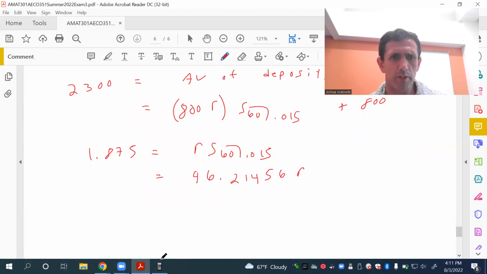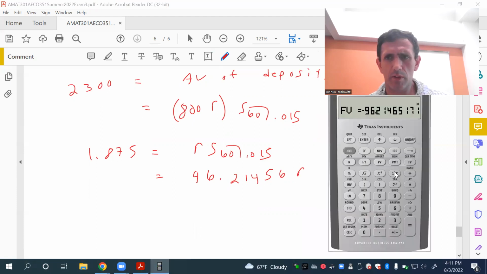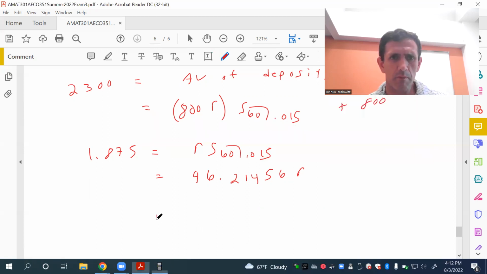R is 1.875. So take this one over times 1.875. And we get R is 0.01949.